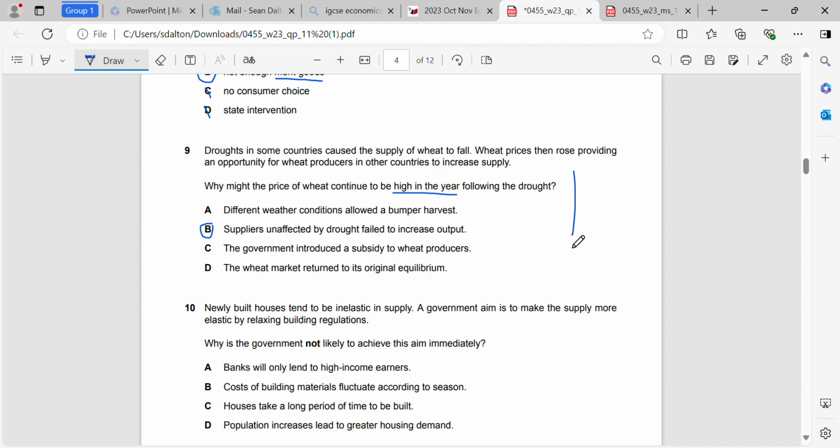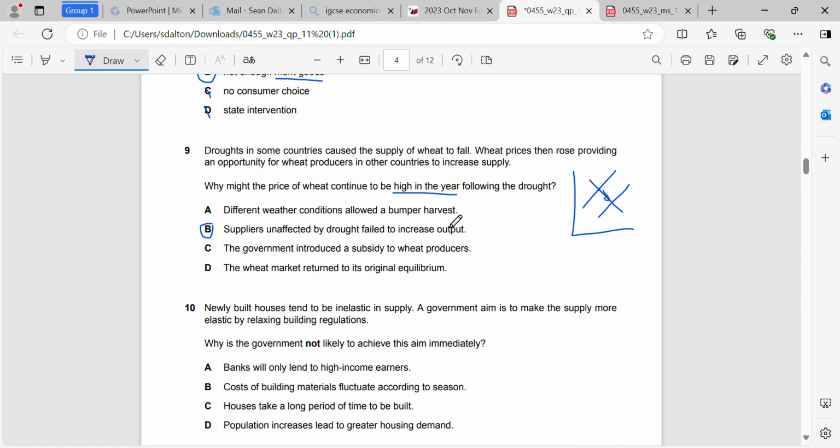Because what we would have, if I just show this quickly, is a supply curve which would shift to the right. But that doesn't happen, so we remain somewhere up here. Different weather conditions allowed a bumper harvest.